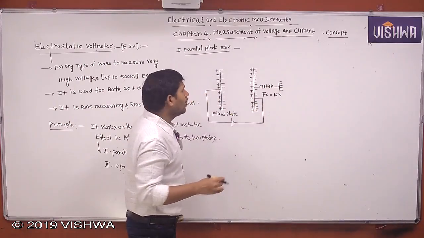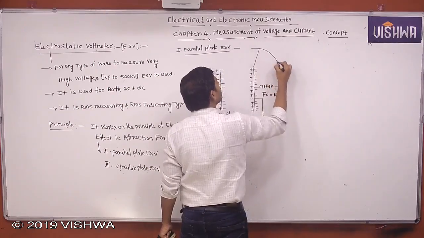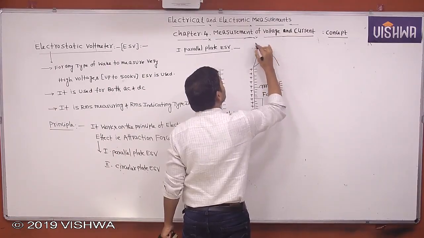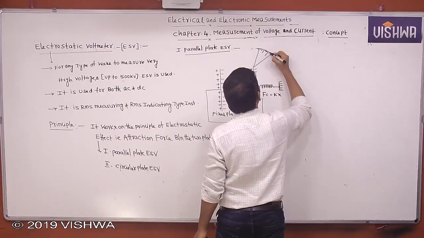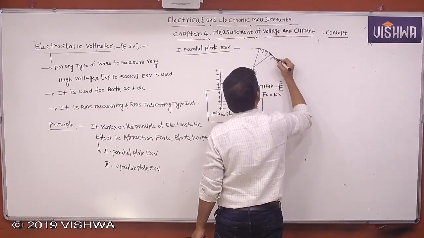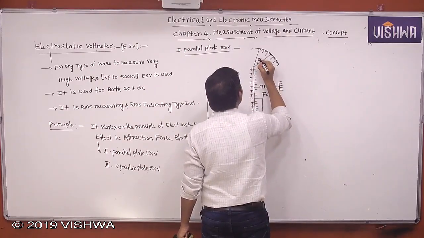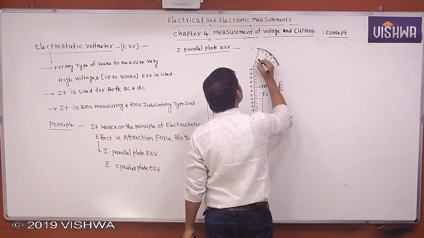Now on this we place the pointer arrangement. Whenever controlling torque equals deflecting torque, the pointer comes to the steady state.